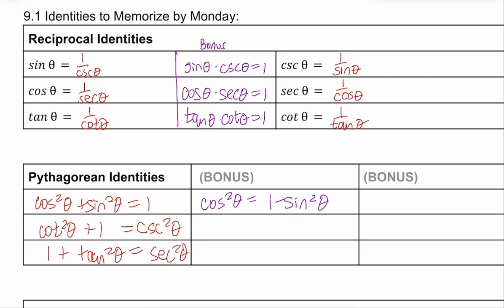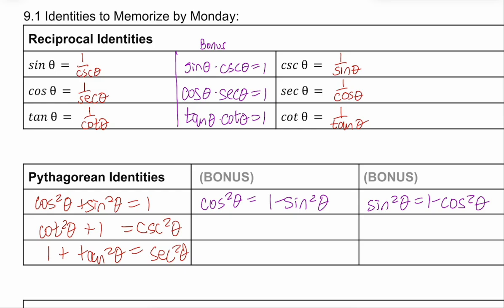Now let's get our sine squared by itself. If we solve for sine squared, we got to take the cosine squared to the other side. So it's going to be that the sine squared is 1 minus the cosine squared. So if you can rearrange your Pythagorean identities for each of these, that's possibly 6 items you can get bonus on.